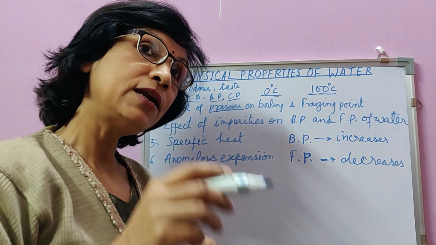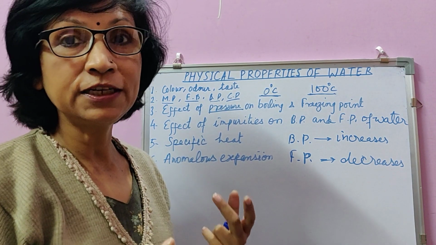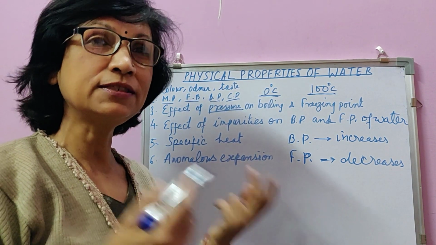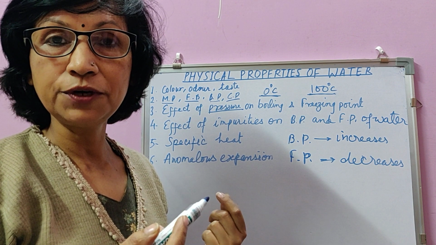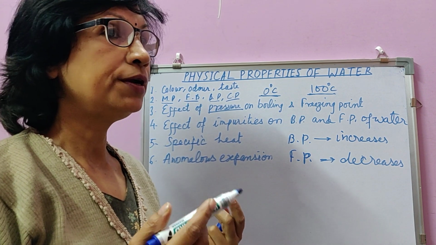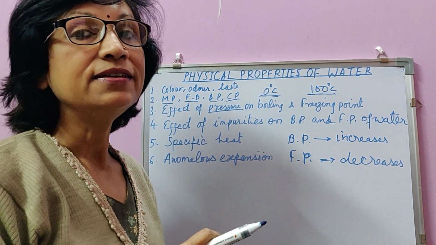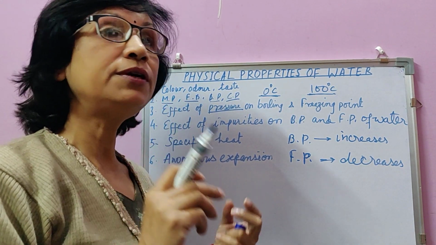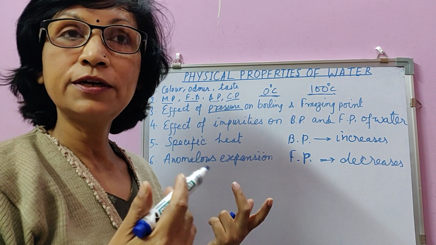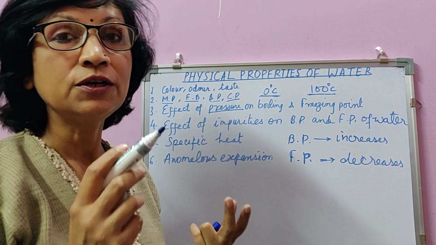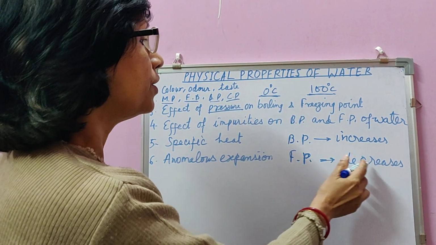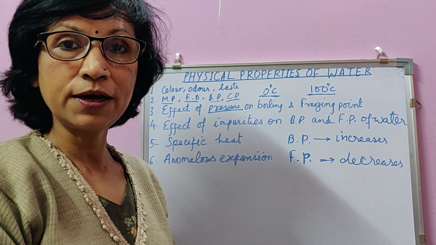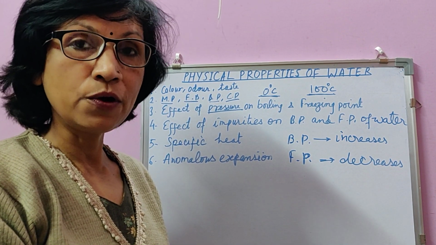It will freeze at a lower temperature because seawater is very impure due to presence of excess of salts dissolved into it. Seawater's freezing point is much lower than 0 degree Celsius. So if the atmospheric temperature is 0 degrees Celsius, then seawater doesn't freeze. Because of impurities, freezing point of seawater is much lower than normal pure water.